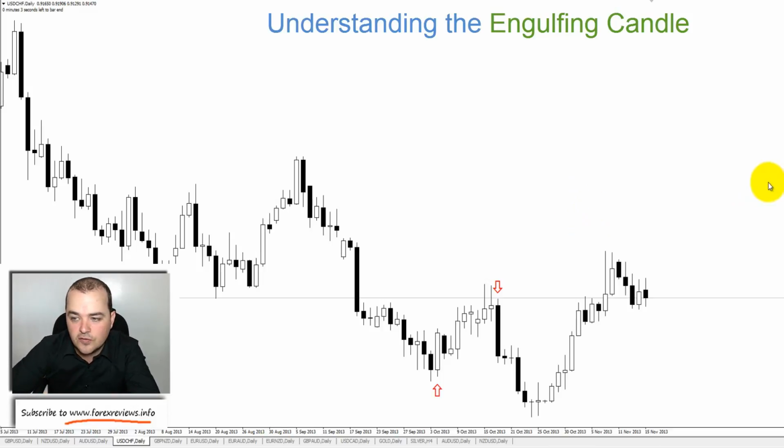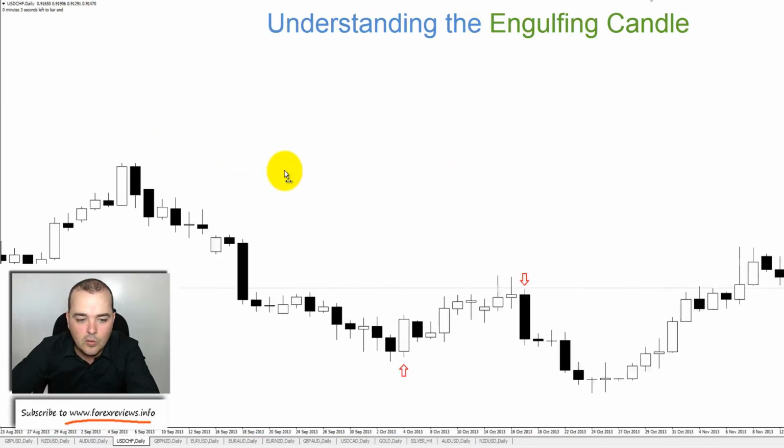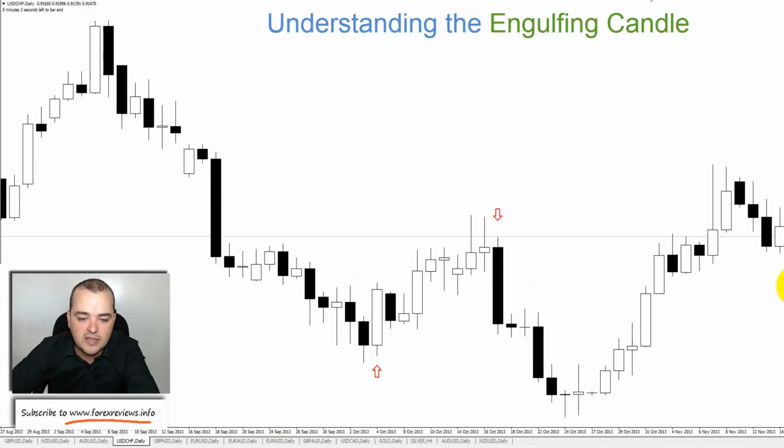First of all, I've outlined two engulfing candle signals. We've got a bullish engulfing candle here. Now, what makes these candles important? What makes these candles so important is they're breaking the previous candle's high, which basically tells you that it's hitting other people's stop losses.